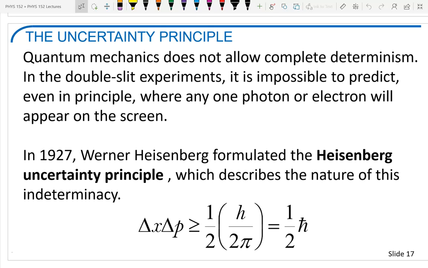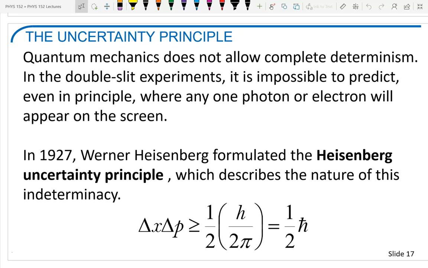So we take this h over 2 pi and define a new constant. Some people still call it Planck's constant. Some call it Planck's reduced constant. I'll just say h bar, but this h with a bar means Planck's constant divided by 2 pi. And so the product of the two uncertainties is always greater than or equal to h bar divided by 2. Now when you read this, it carries virtually no weight.